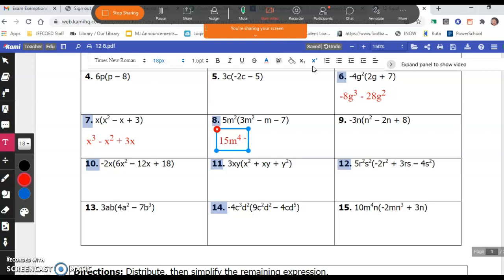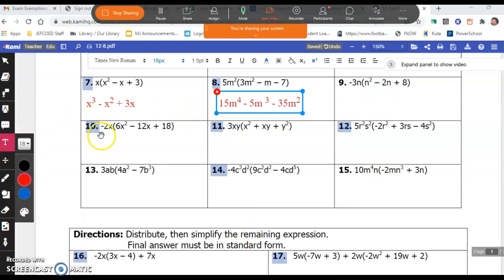Negative 5m to the 3rd. Good. And then we have 5m squared times 7. That's going to be what? Negative 35m squared. Everybody good so far?